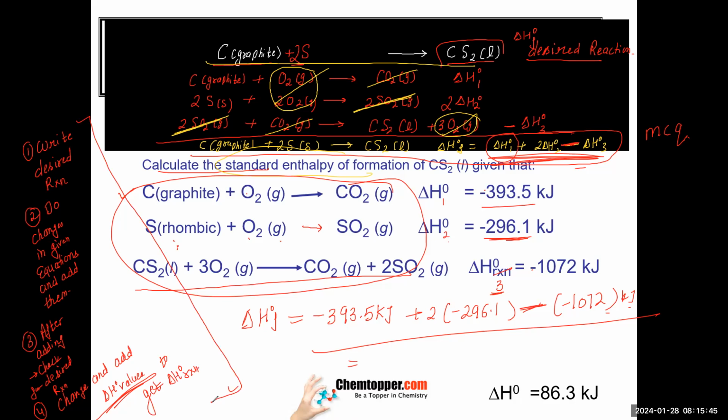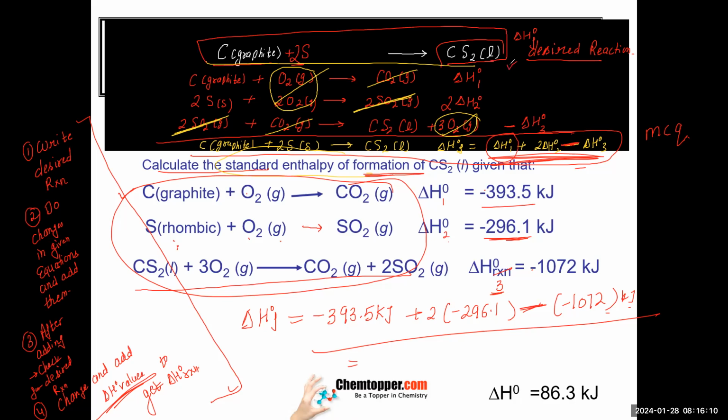So first you are going to write down your desired equation. Sometimes it will be given to you. Like in this question, it was not given. And this question is a very important question. They have not given the equation. They have given the information: what's the standard enthalpy of formation of CS2? From the definition of formation enthalpies, we decided the equation.